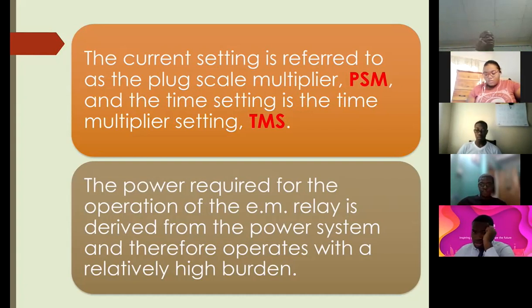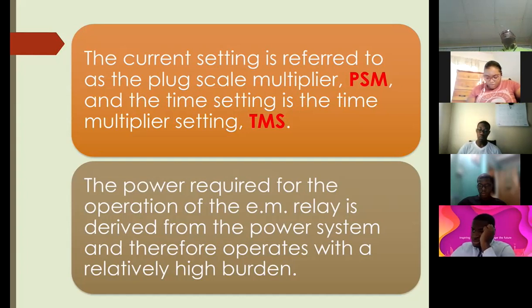Once we know that, we set them, the system operates, and based on the settings that we have, it will discriminate as we wish, and that comes through coordination. Now, in terms of your overcurrent relay, and we mentioned this last week or the week before when we were looking at the evaluation of your CT.